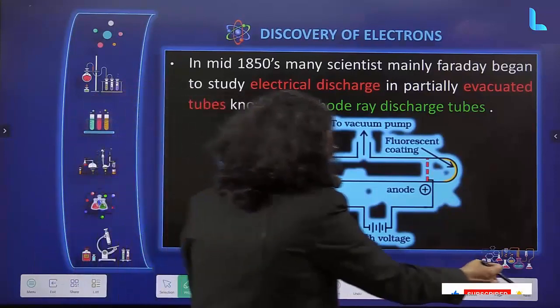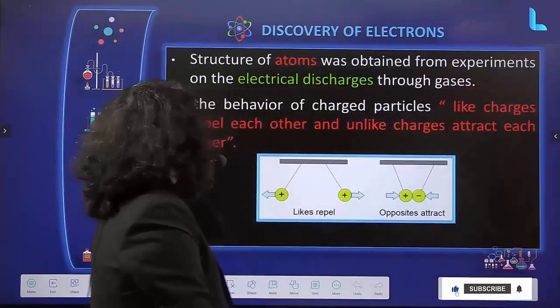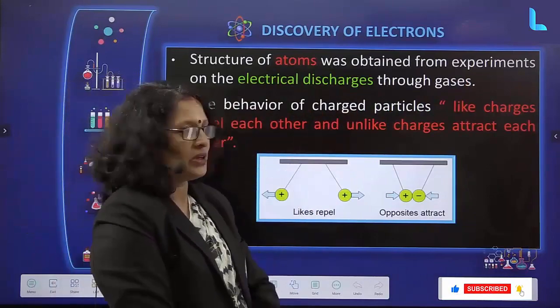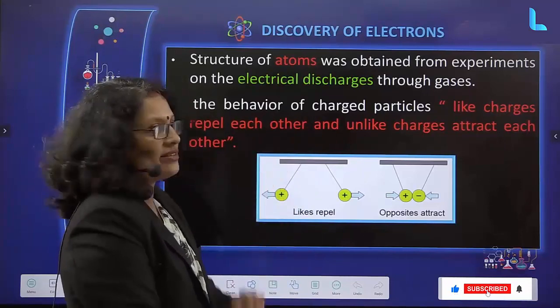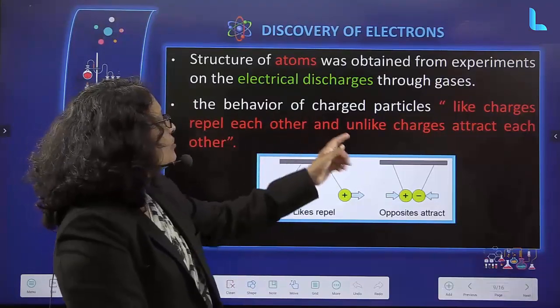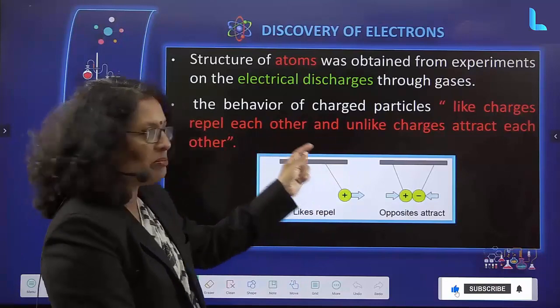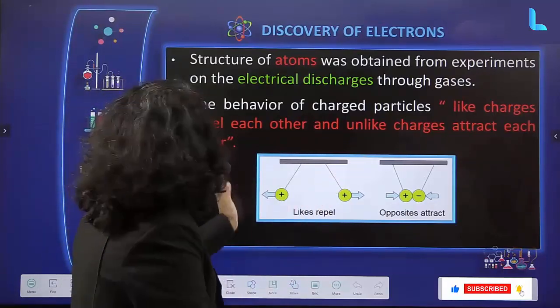So let's discuss how this experiment has been done. The structure of the atom was obtained from experiments on electrical discharge through gases. Consider the behavior of charged particles: like charges repel each other and unlike charges attract each other.